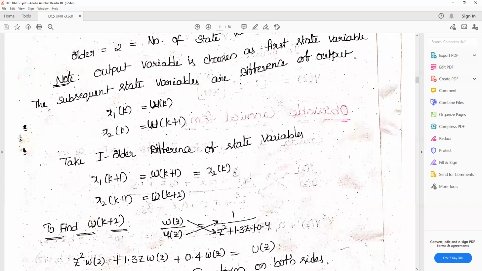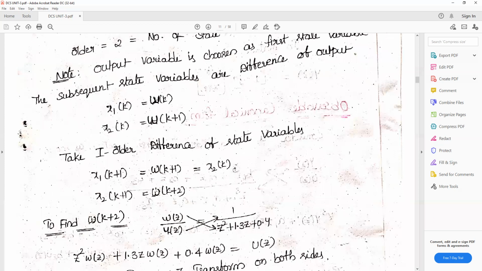Here we only have two state variables, x1 and x2, so x1 of k plus 1 is omega of k plus 1, which is x2 of k, and x2 of k plus 1 is equal to omega of k plus 2.